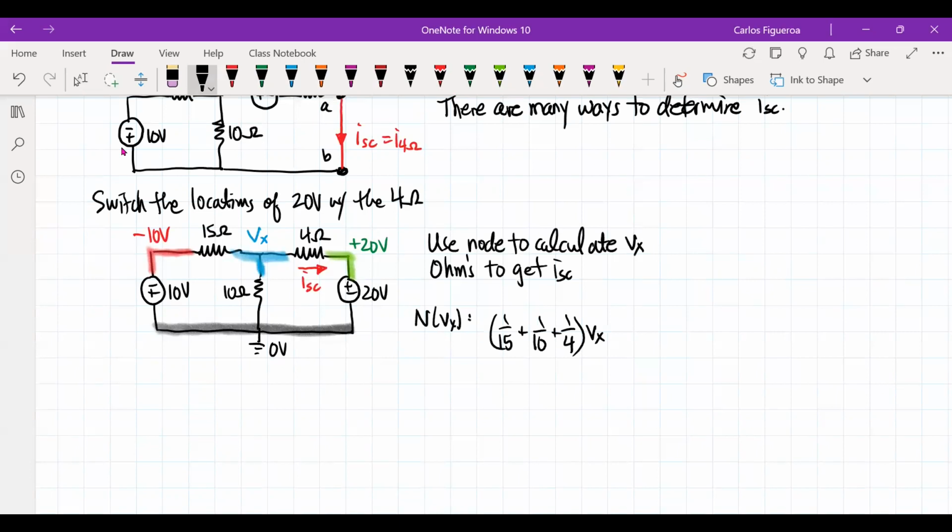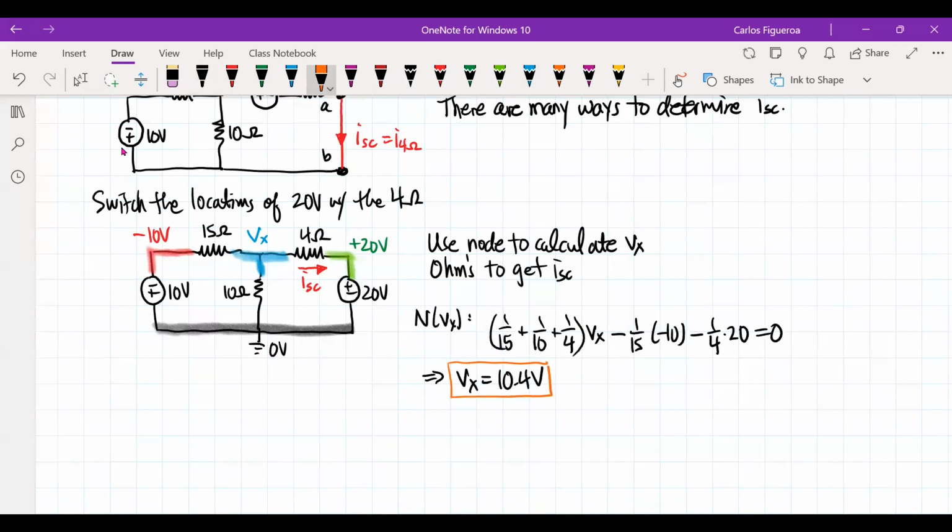And then I have a mutual with the 10, so I'm going to get minus 115 minus 10. And then I have a mutual with the 20, and that's equal to 0. But note, I only have one equation here. So this tells me that Vx ends up being 10.4 volts.